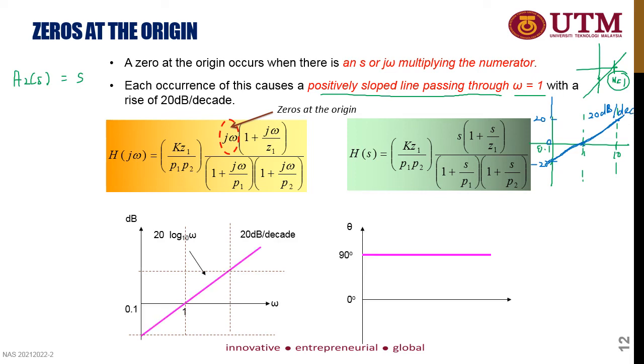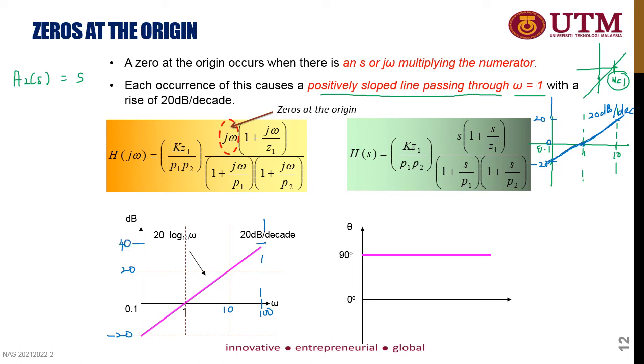This is how the frequency response of zeros at origin looks like. We have a line, this is minus 20 dB, then 0, then 20 dB, and then another one. Here is 0.1, here is 10, and if you have 100 here, it is 40.